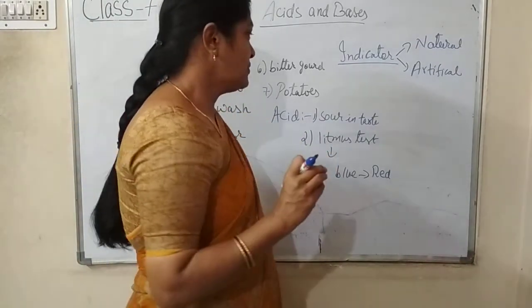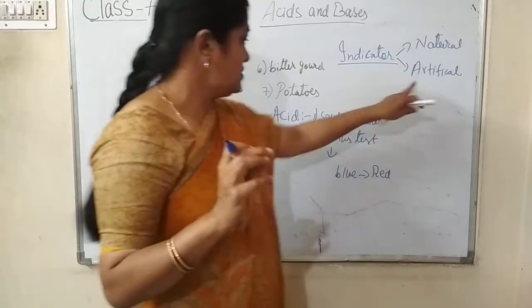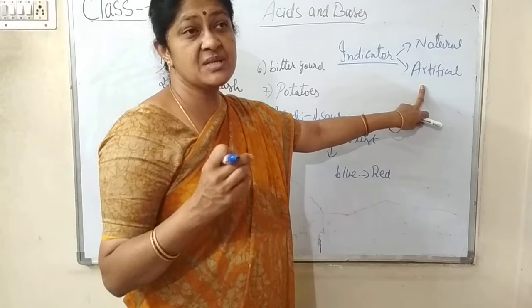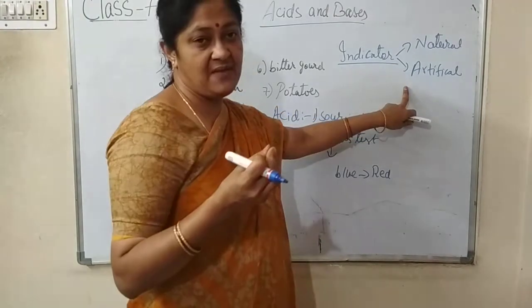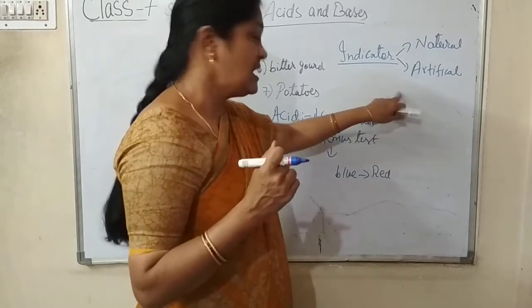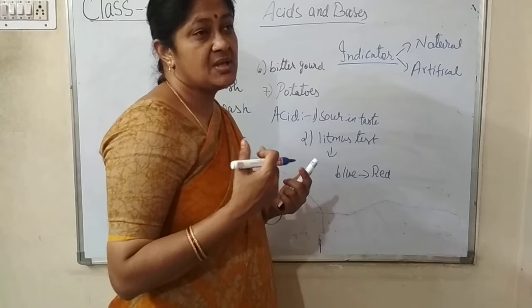We don't mix any kind of chemical or artificial things in them. Artificial indicators are prepared by man using different types of chemicals. Phenolphthalein is one of the artificial indicators used to test whether a particular substance is an acid or a base.